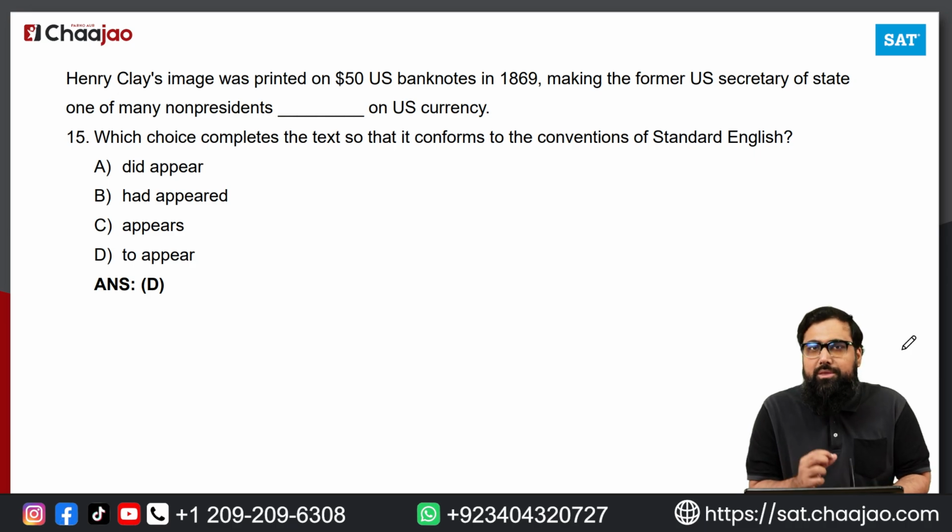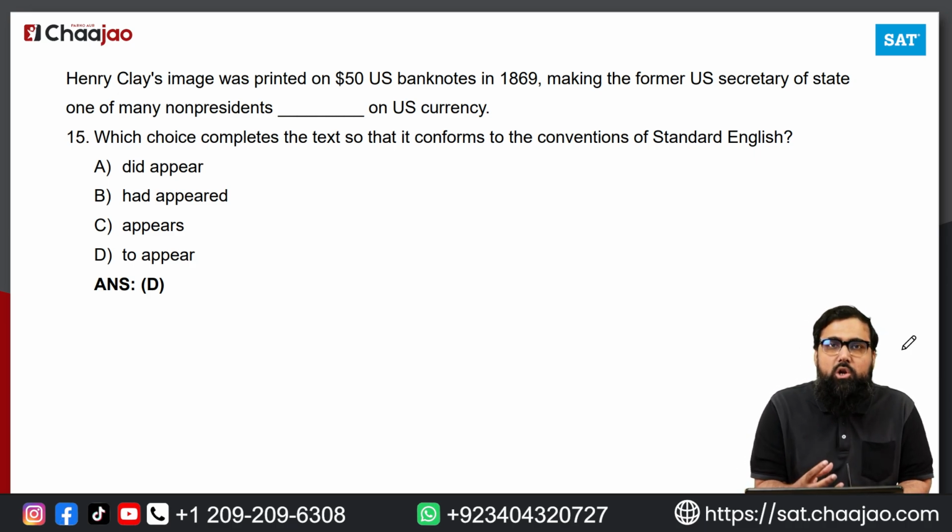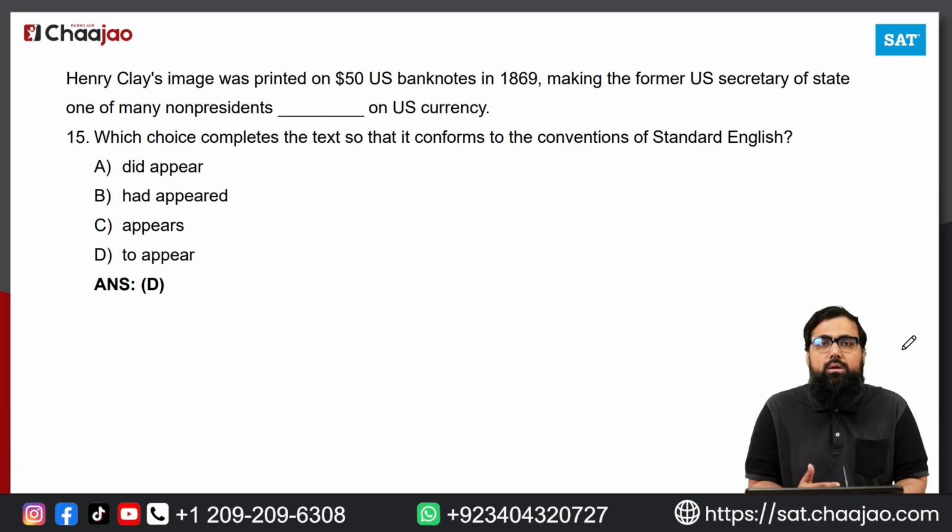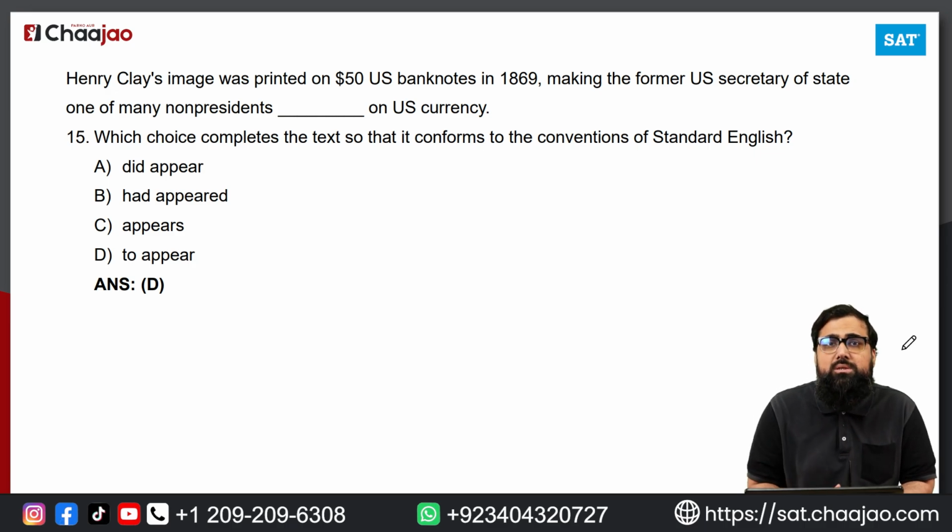This is one thing that I normally tell my students: when you start your paper, start with the standard English convention questions, because these questions will not waste your time, provided you have understood the concepts. They will not waste that much of your time, and they will get you results as well.